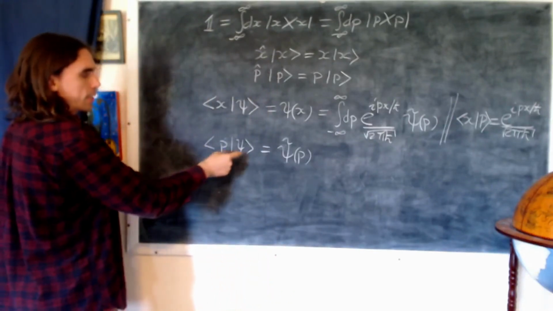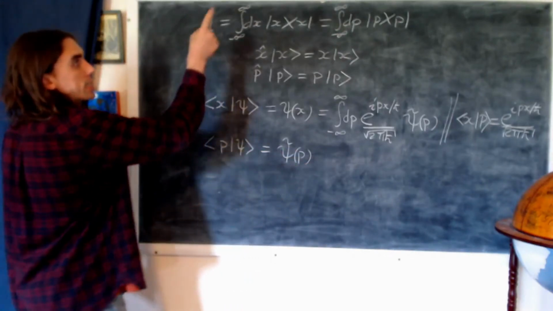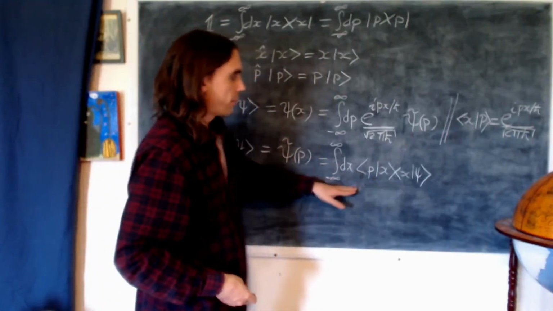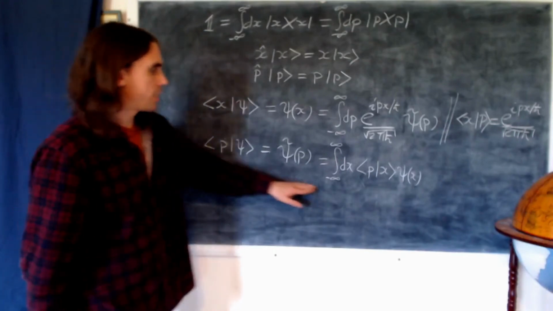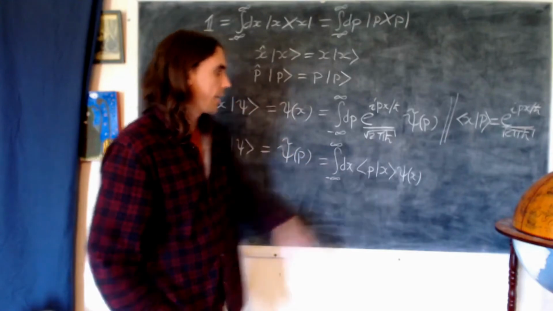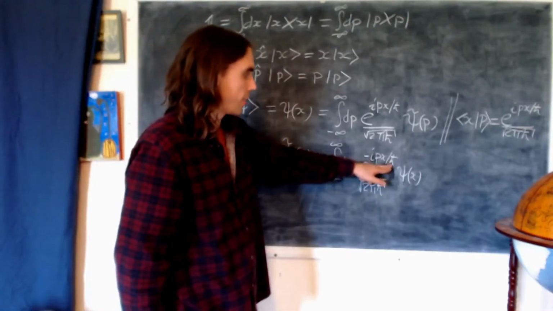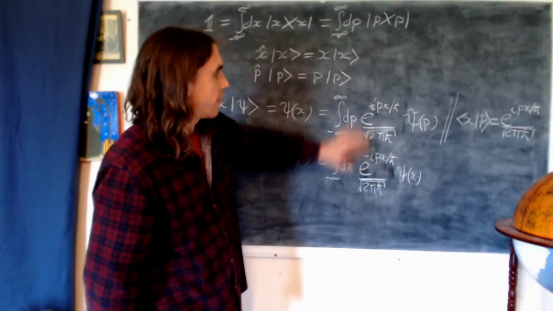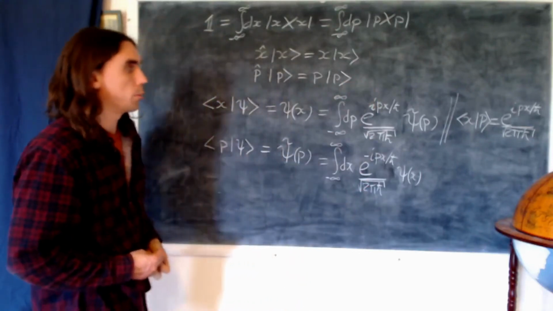To find <p|psi>, which is psi twiddle of p, we can insert a complete set of position states this time, and we find the following: <x|psi> is psi of x. And so this is a well-defined Fourier transform, provided that <p|x> is given by e to the minus ipx over h bar over square root 2 pi h bar. So this makes a usual Fourier transform, inverse Fourier transform pair with the correct normalization.